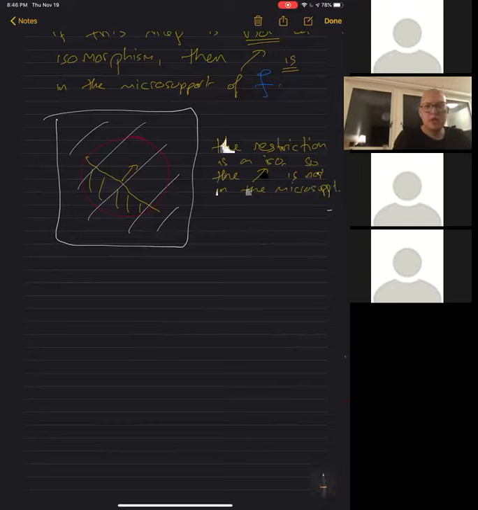And of course the same would have been true for any non-zero vector I took. I haven't told you about when zero vectors are in the microsupport, never mind. So at least any non-zero covector would not be in the microsupport.